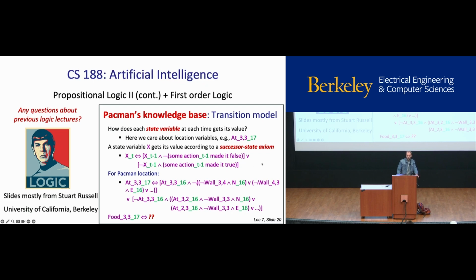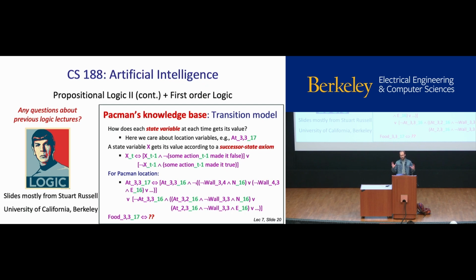So this was just one slide, and obviously this is only one small piece of how you give an algorithm knowledge about Pac-World. But you can look at the other slides to see how we encode other forms of knowledge in logic.